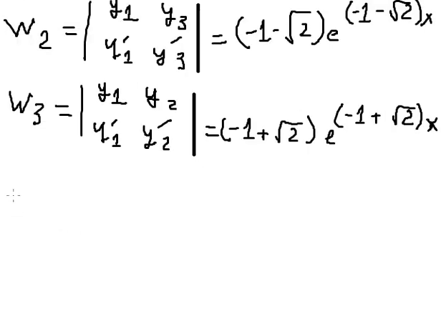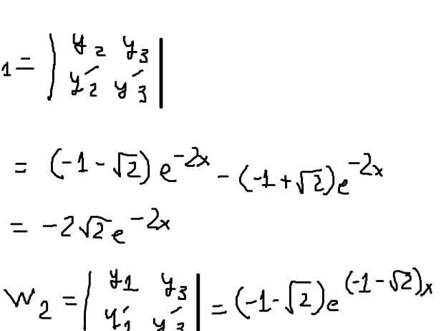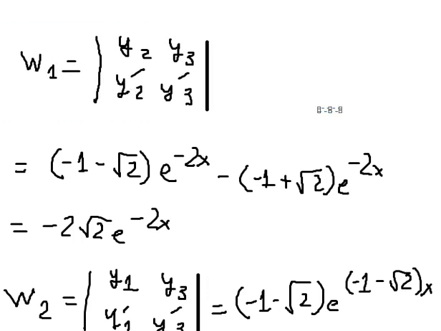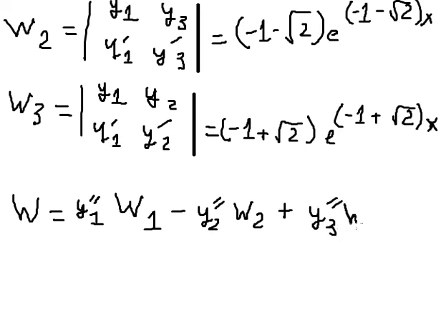Now we can calculate W. So we have this one multiplied by Wronskian number 1 in here. So we put this one in here, minus the second derivative of y2 times Wronskian number 2, and plus the second derivative of y3 times Wronskian number 3.